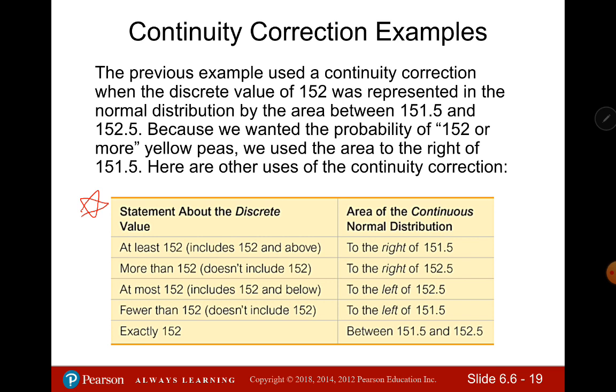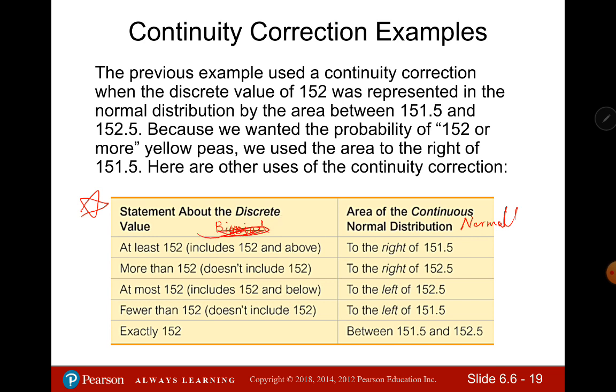This is the binomial distribution, and this is the normal distribution, continuous.